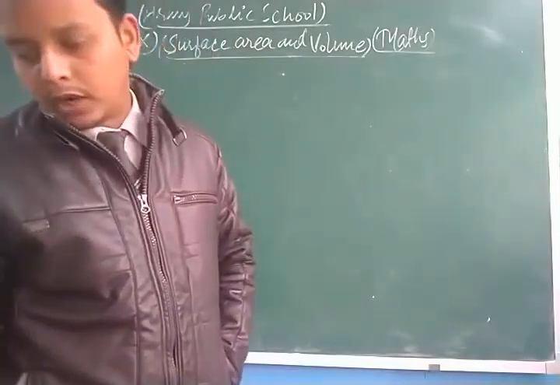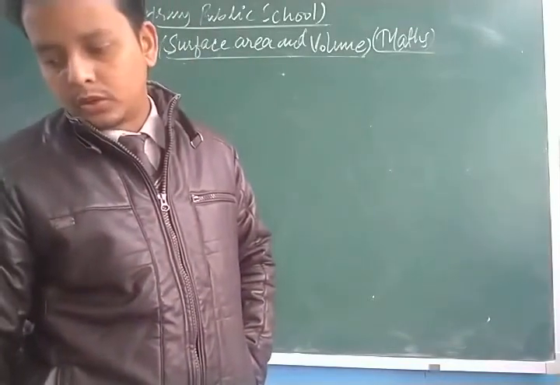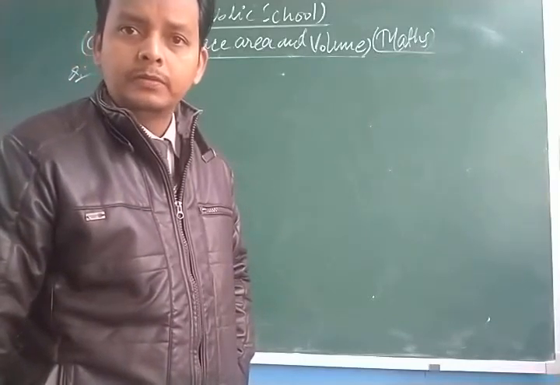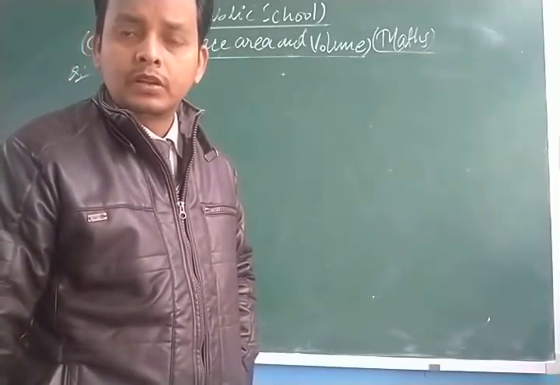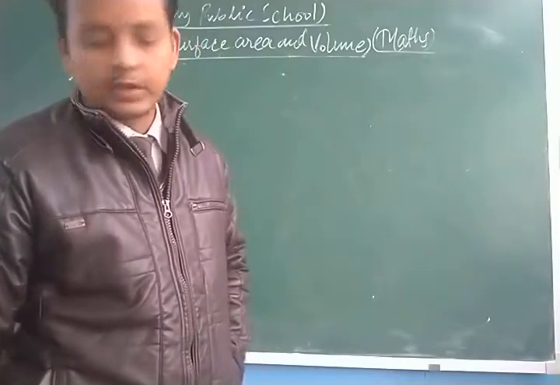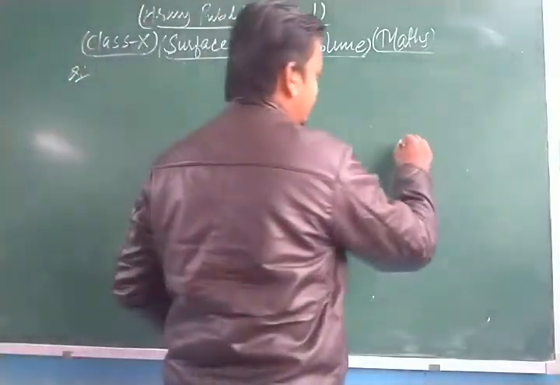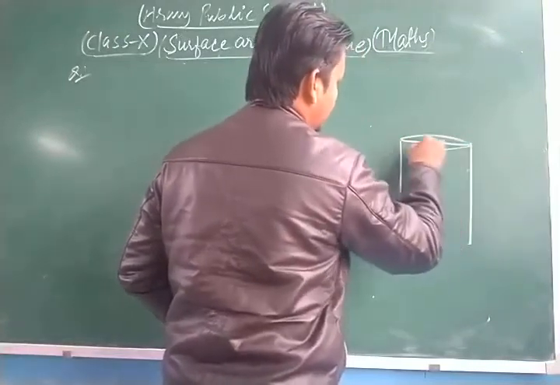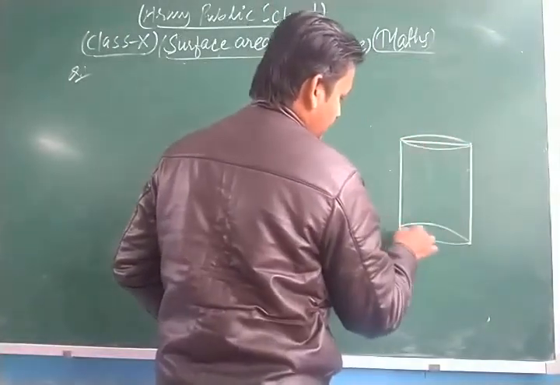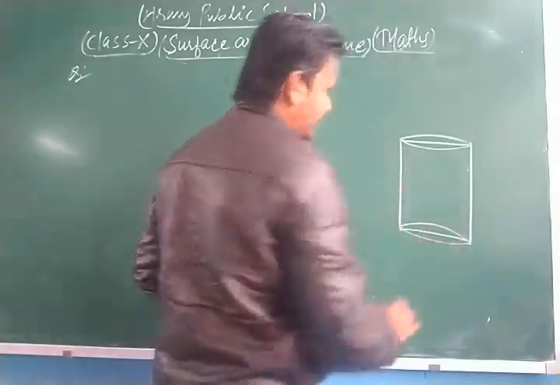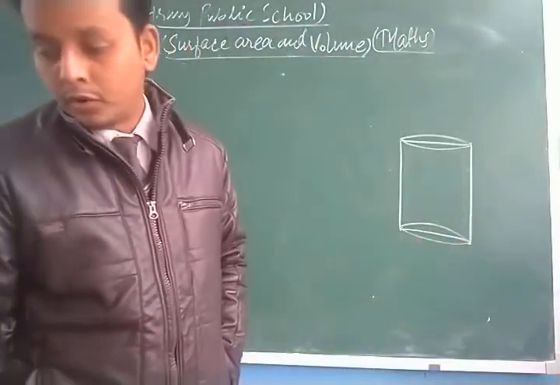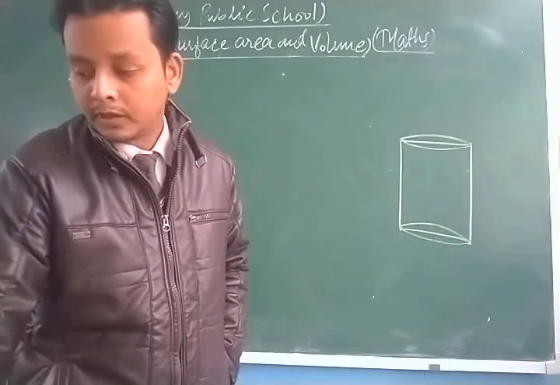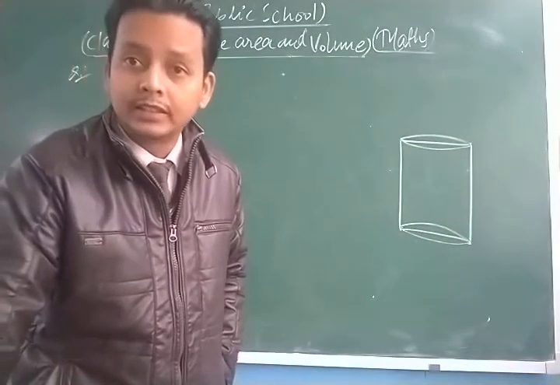A toy is in the shape of a right circular cylinder, with a hemisphere on one end and a cone on the other.